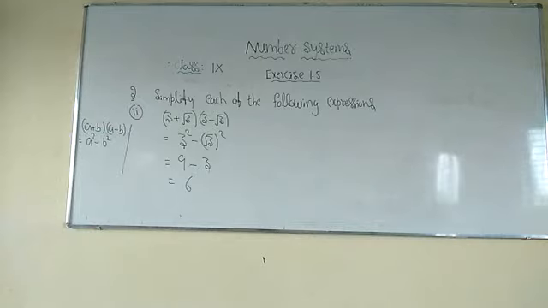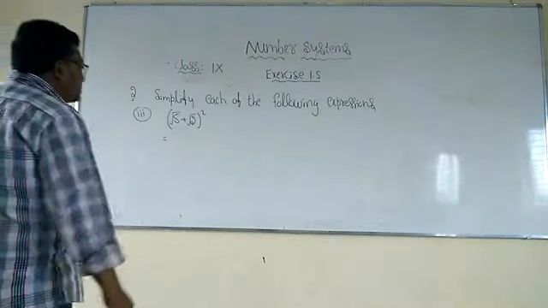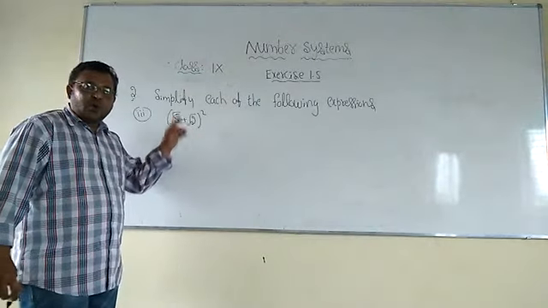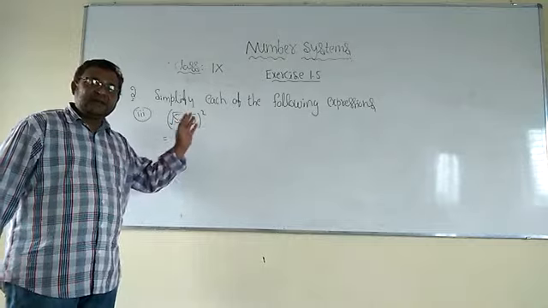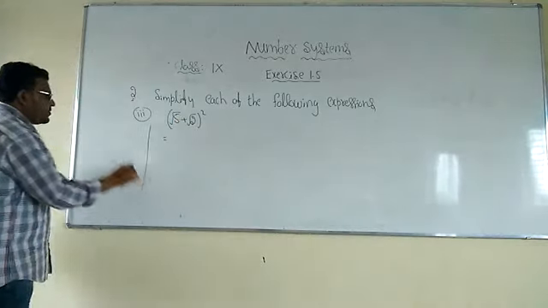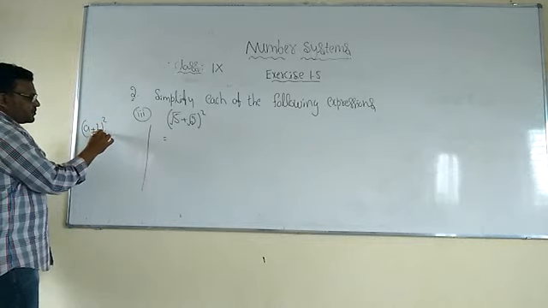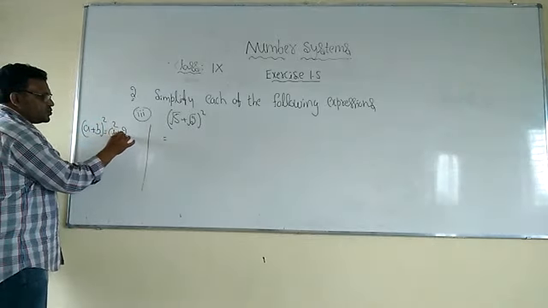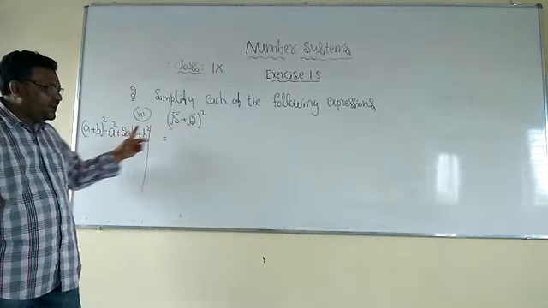The next, third problem. The third problem is root 5 plus root 2 whole square. Now it is in the form of a plus b whole square. We know that a plus b whole square means a square plus 2ab plus b square. In the place of a, root 5 is given here.